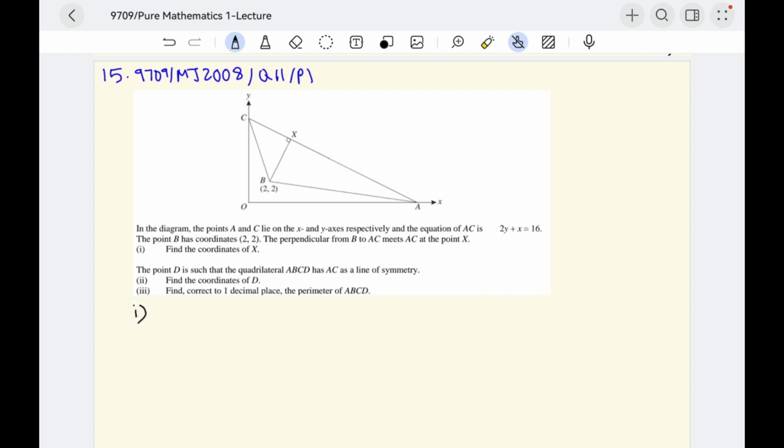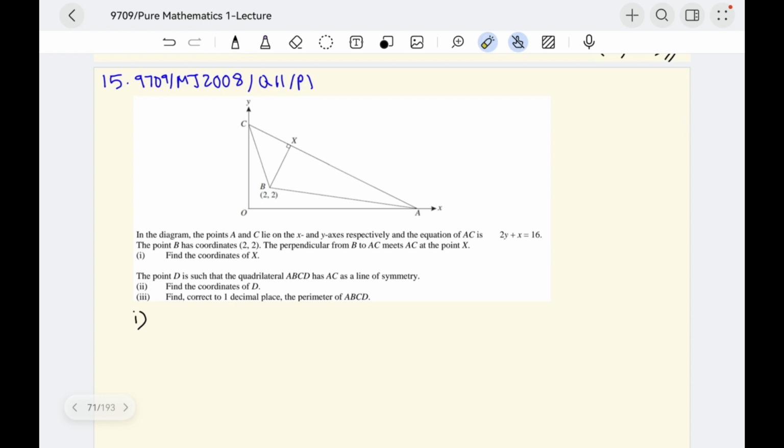First thing first, we want to look for the gradient of AC. You must solve two simultaneous equations to get the coordinates of X, right?